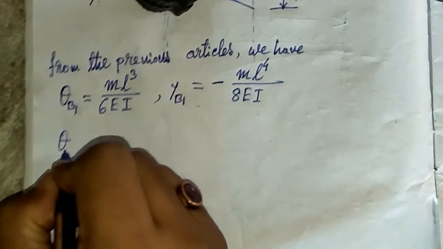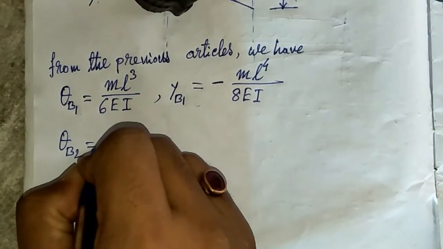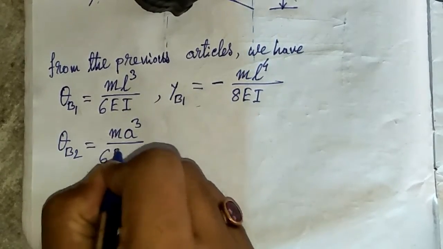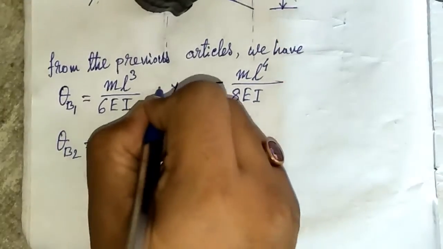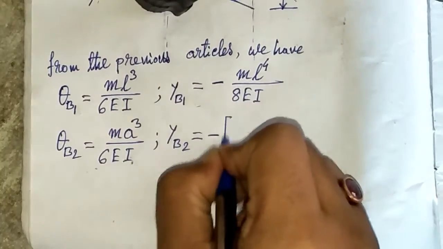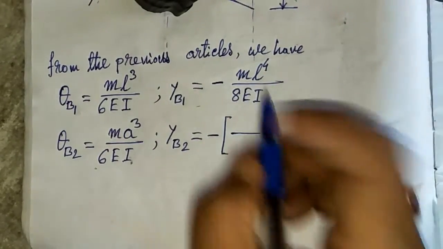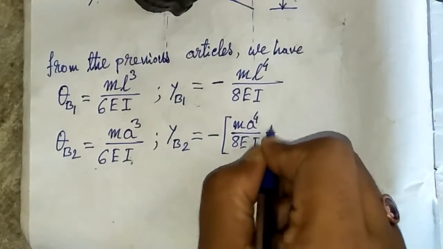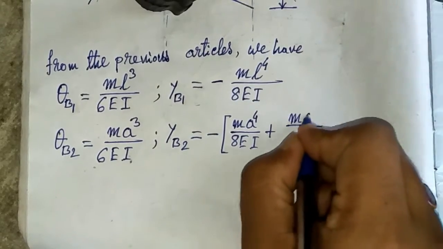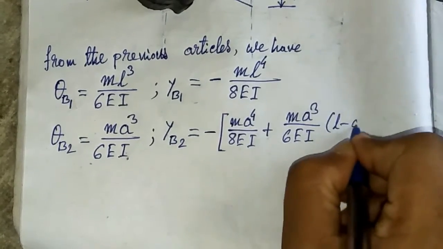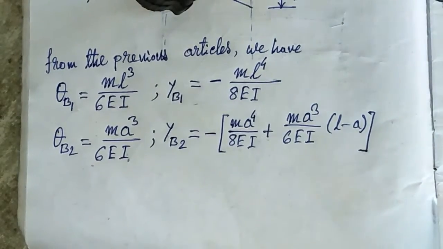Similarly, theta b2 is m A to the power 3 by 6 EI, and yb2 is minus m A to the power 4 by 8 EI plus m A cube by 6 EI into L minus A, this thing.